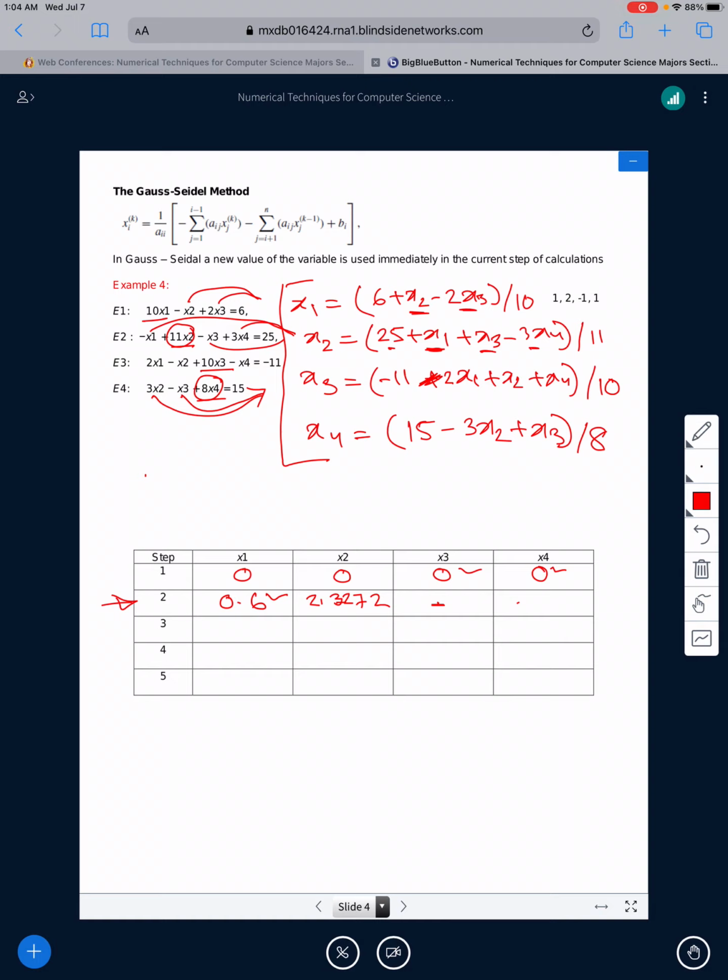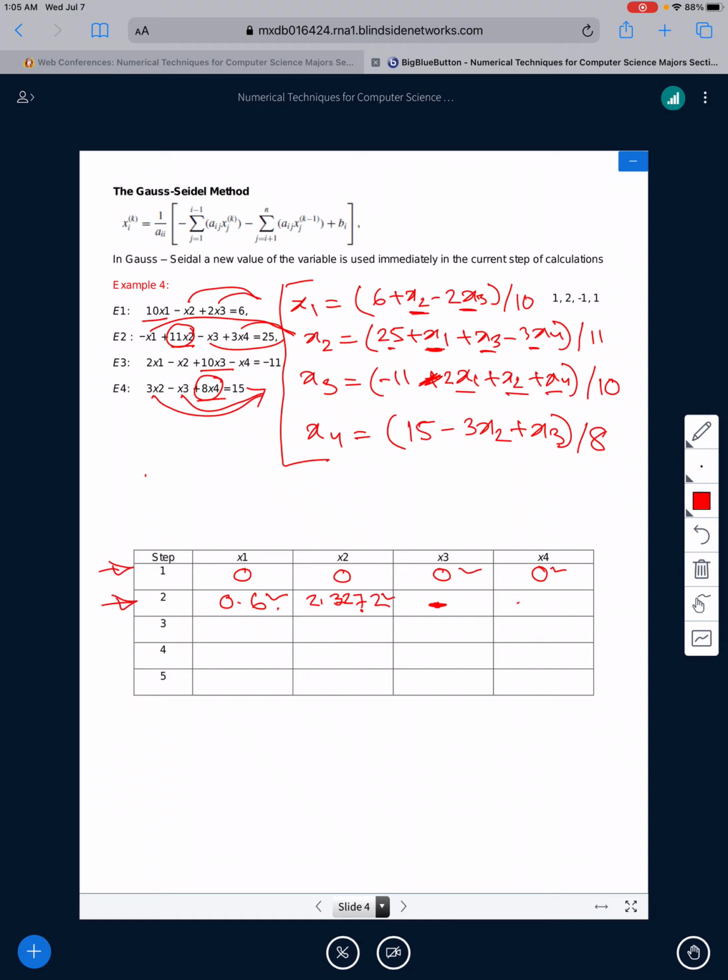Okay. Now when I am calculating x3, in the Gauss-Jacobi method, x1, x2, x4 will all be 0 because in the previous step they are 0. But now in the Gauss-Seidel method, we said we will use a value immediately after it is calculated. So when I am calculating x3, I will use the new x1 and x2, and since I don't have a new value for x4, I will use the old x4.